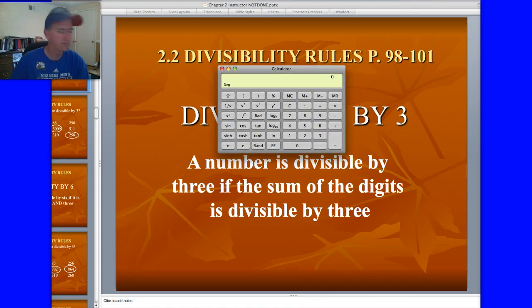That number was 5,391 divided by 3. Now if this is divisible by 3, we will not have a decimal point. And there you see, it goes in there 1,797 times. Now that you need a calculator for. But that divisibility rule is always true for 3.